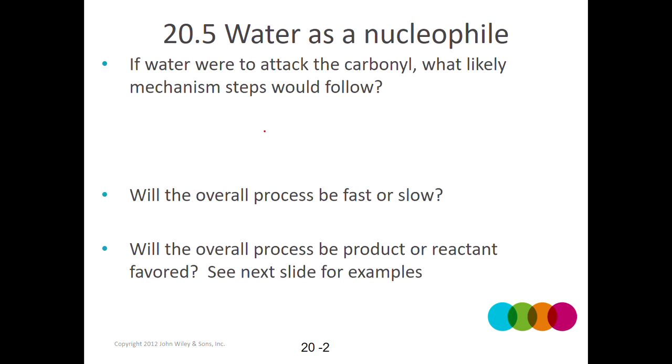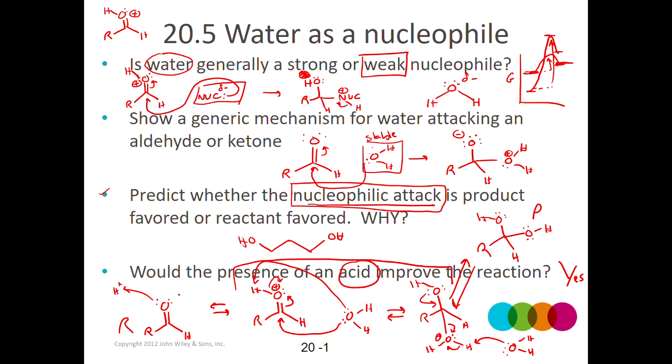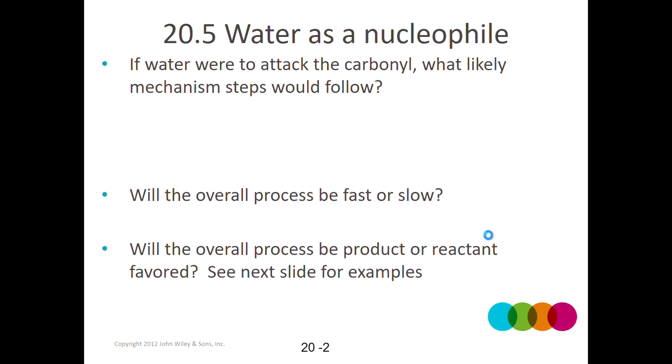All right, so we showed those steps over here. If water were to attack a carbonyl, it would probably only happen reasonably often if the carbonyl were already protonated. Then the water could attack and give this intermediate, and then the water would deprotonate this and give this product here. So will the overall process be fast or slow? It's actually going to be relatively fast if there's an acid catalyst.